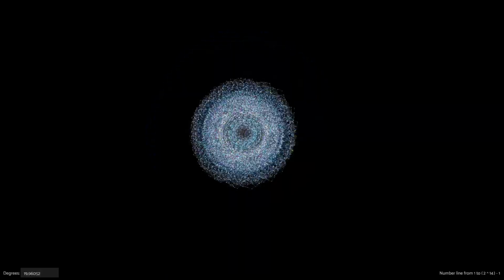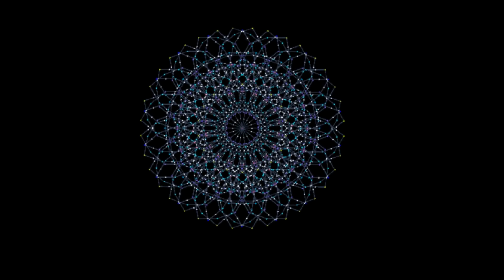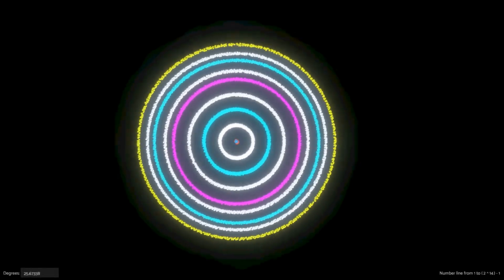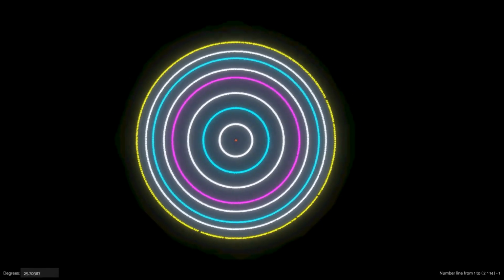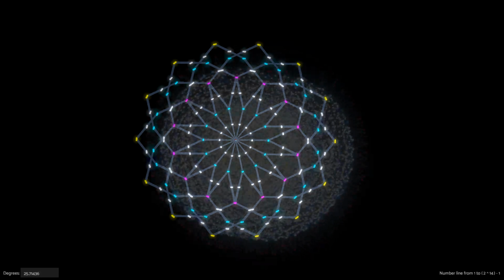When you get to an angle of 20 degrees, or pi over 9 radians, you get this. Another clear pattern emerges at 25.7 degrees, or pi over 7 radians. And another pattern shows up at 36 degrees, or pi over 5 radians.